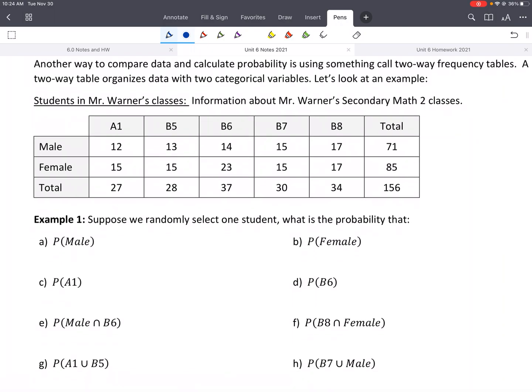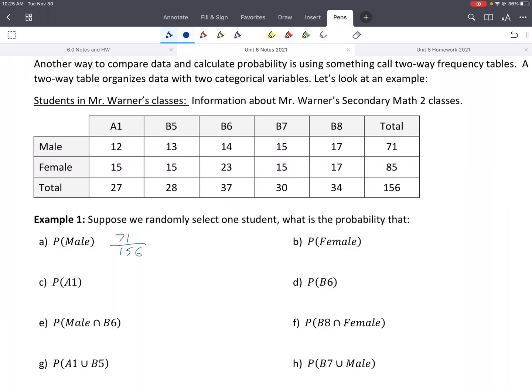If I randomly select a student, what's the probability that they're male? Basically, what's the total desirable outcome? What do we want? Well, we want to win, we'd have to pick a male. So there's 71 males that we could pick from, and from the total there's 156.